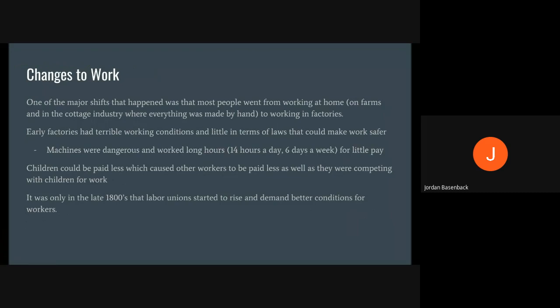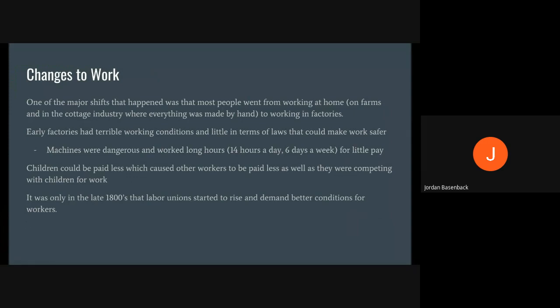So on the last slide, I mentioned that these systems really impacted work. The changes to work, not only because of capitalism but because of the Industrial Revolution, were that most people went from working at home, right?